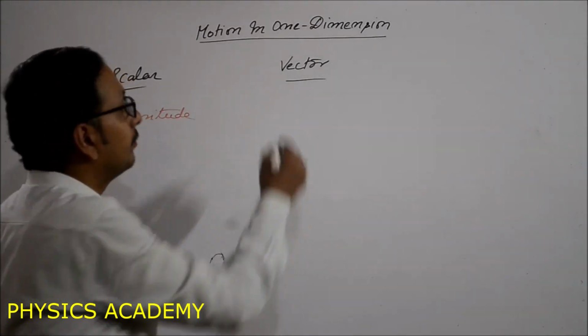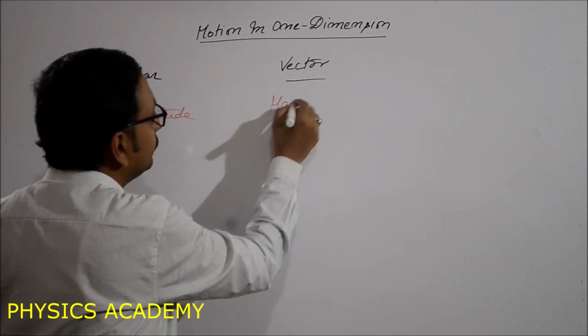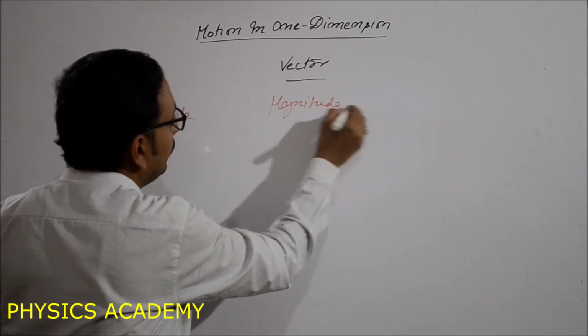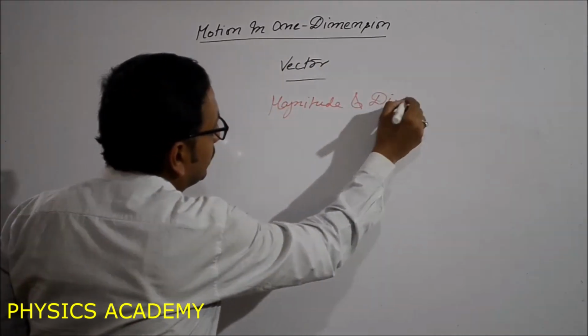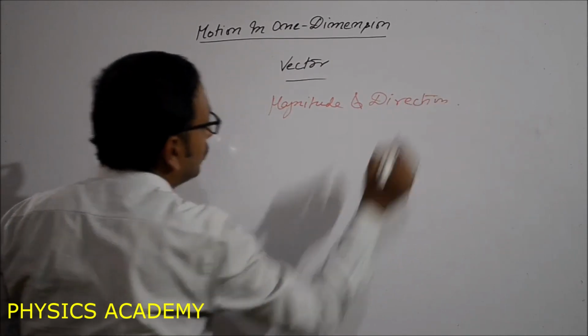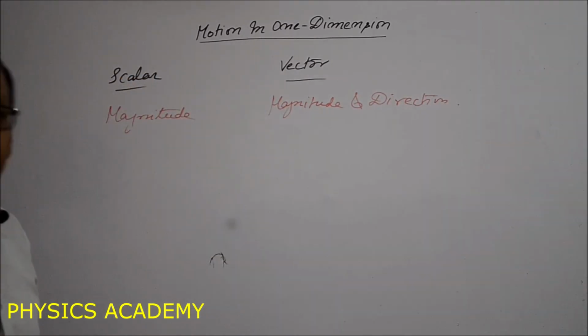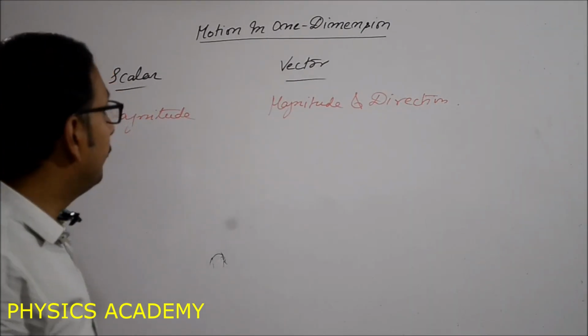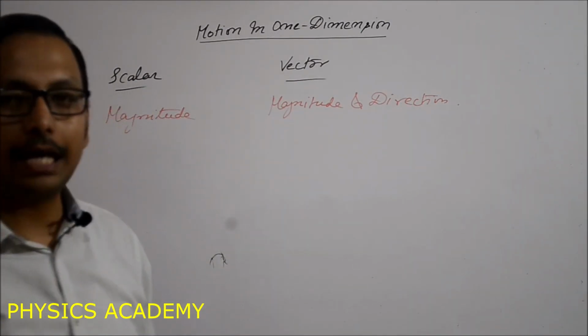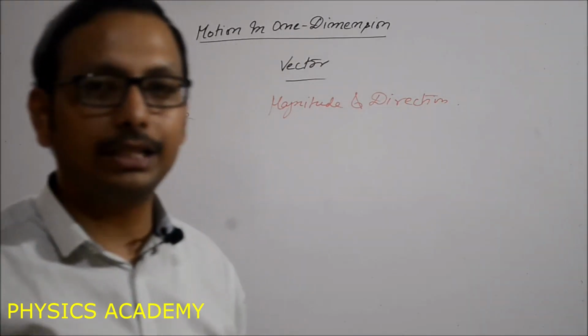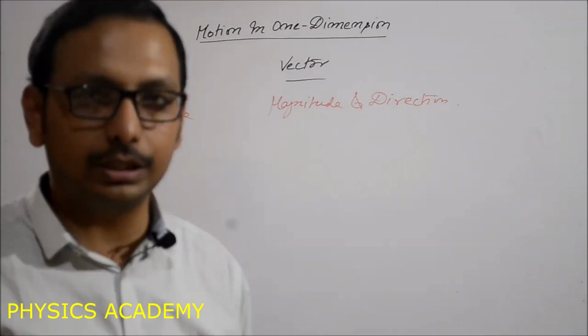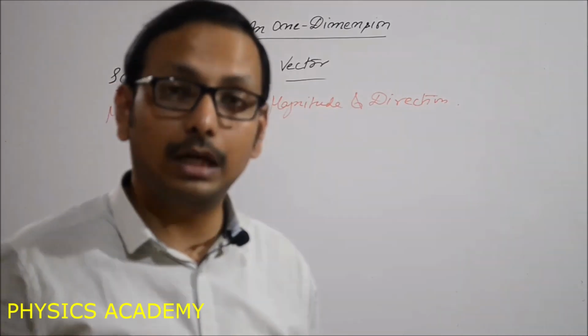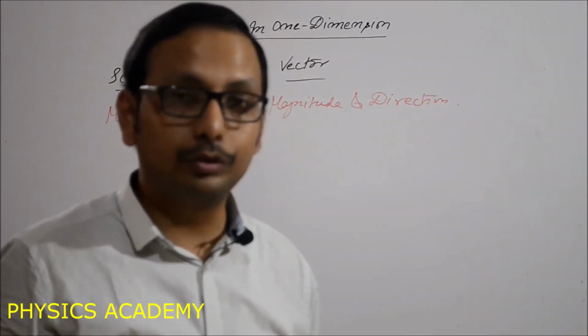Vector quantity: magnitude and direction. Anything more? If you tell me, sir, if anything has magnitude and direction, it is a vector quantity, I will give you full wrong. The answer is wrong. Now you tell me why.